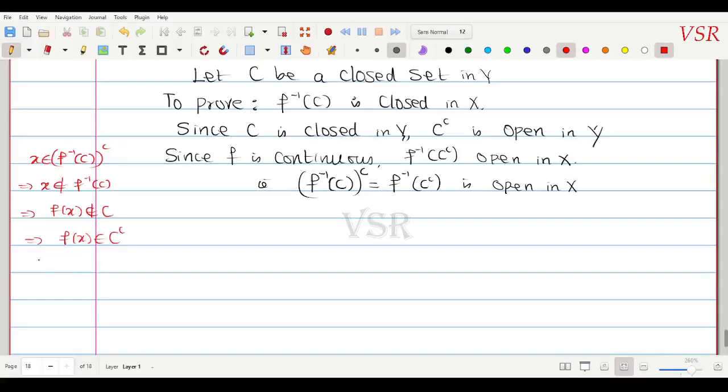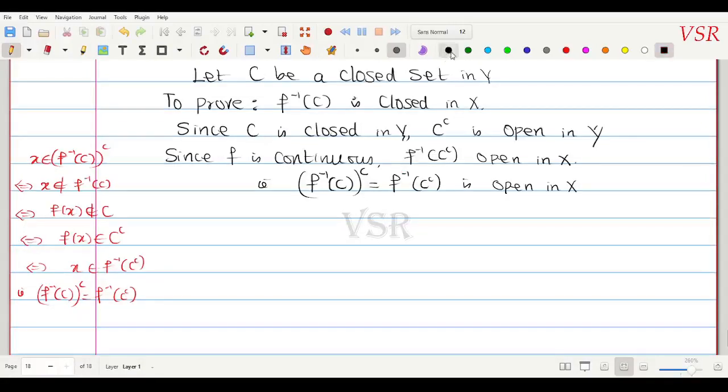This implies that x belongs to f inverse of C complement. Of course, the converse is also the same; these are if-and-only-if conditions. So f inverse of C, the whole complement, is equal to f inverse of C complement, and this is what I have used here.